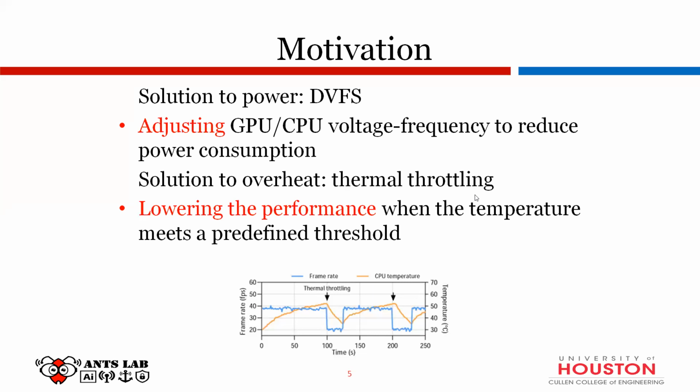Thermal throttling is the huge drop of performance that we sometimes want to prevent. If it's reaching the threshold, the CPU or GPU will probably lower the performance, but not as drastically as with thermal throttling.